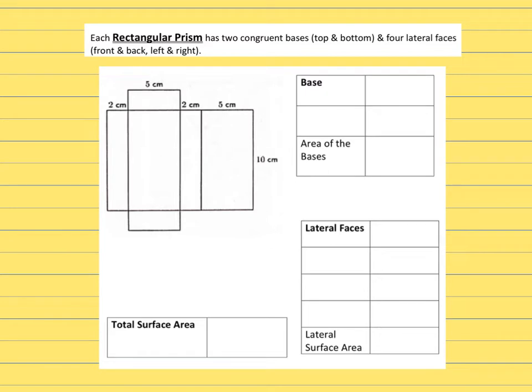So what I'm going to do is find the area of the base, and there are 2 of them. The base is the part that would be sticking out. It's not going to wrap around the side, so there's only going to be 2. The dimensions for this are 5 and 2.